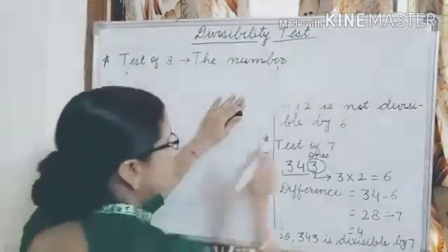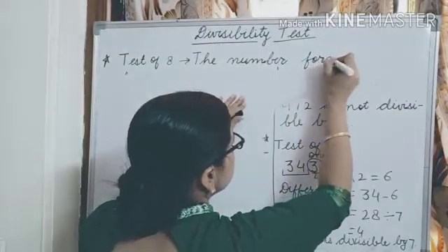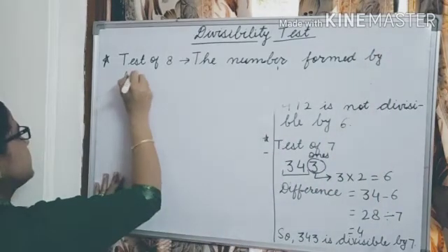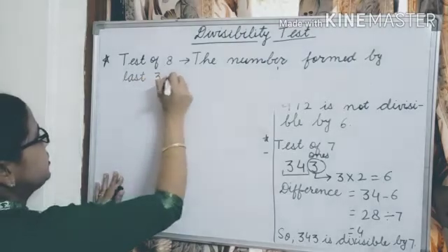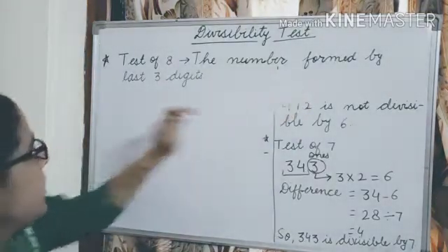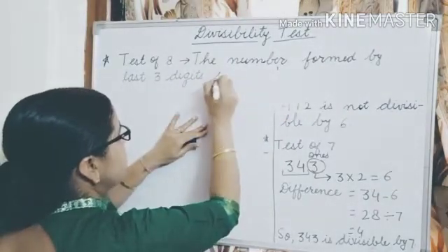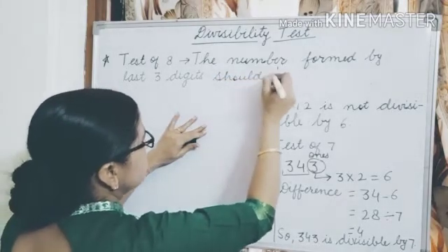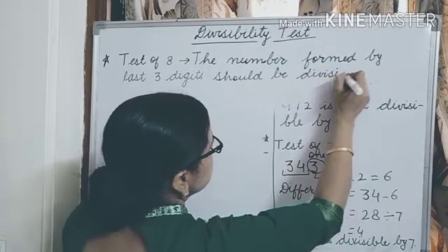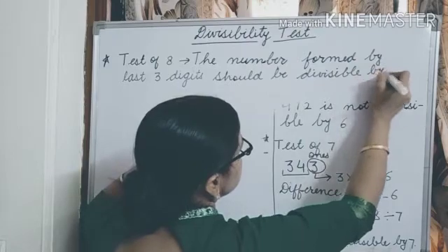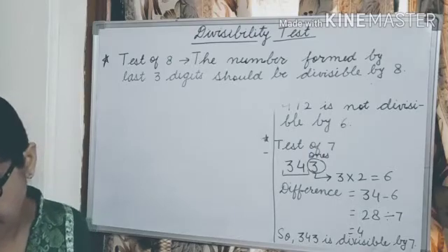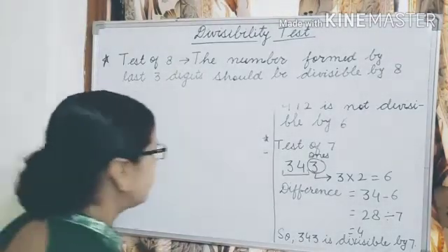The number formed by the last 3 digits should be divisible by 8. If that is divisible by 8, then the number will be divisible by 8. Here I can give you one example.